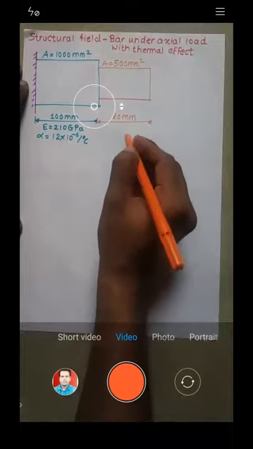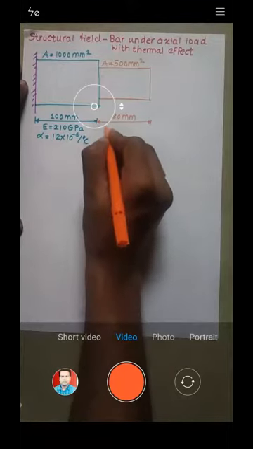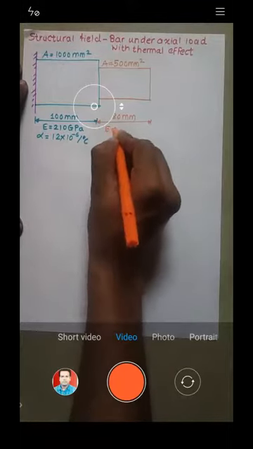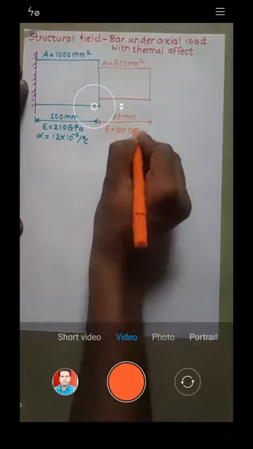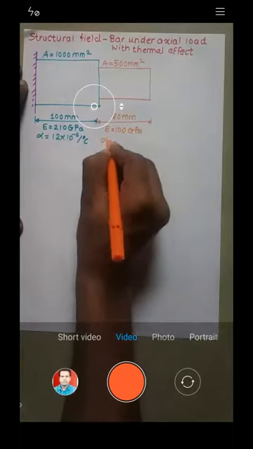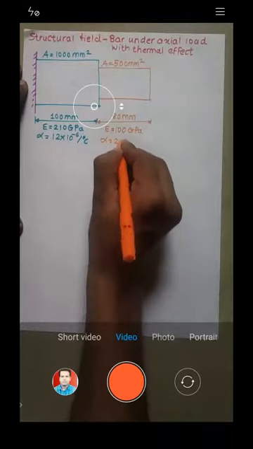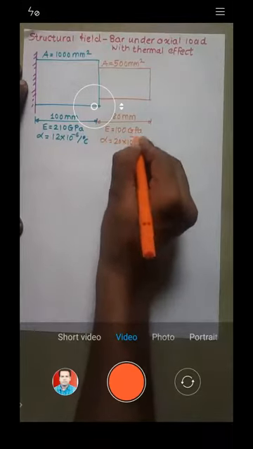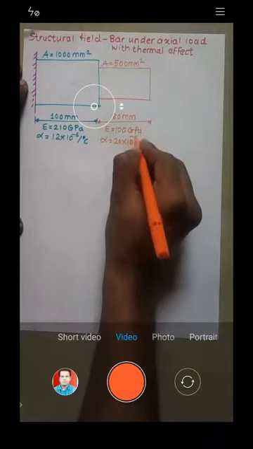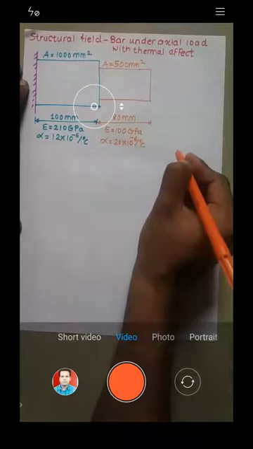It is made up of a material with value of E as 100 gigapascal and value of alpha as 20 into 10 raised to power minus 6 per degree Celsius, right? So this is one more bar.